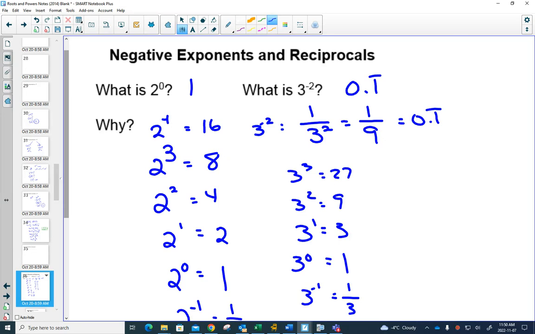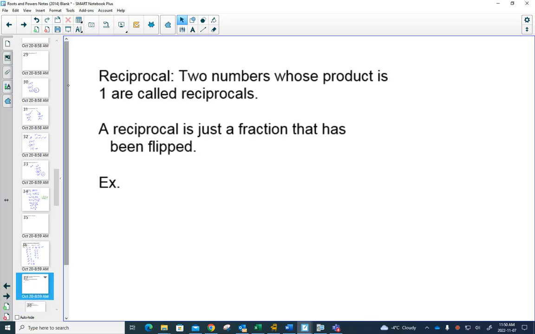So we have 2 new rules that we can figure out as a result. We have our 0 exponent rule and our negative exponent rule. But 2 numbers whose product is 1 are called reciprocals.